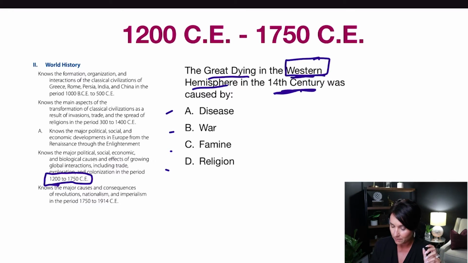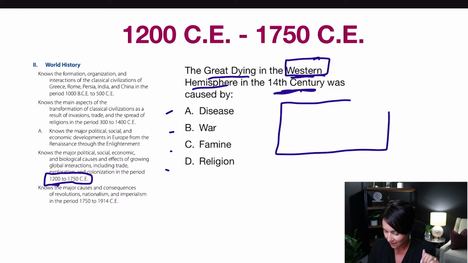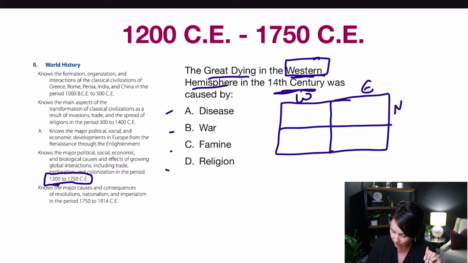Now let me draw a quick map here. So we have east and west, and then we have north and south, right? And we're talking about the Western Hemisphere here. So we're talking about the United States, South America, this area here, Canada up here.